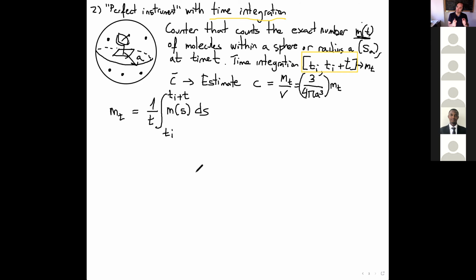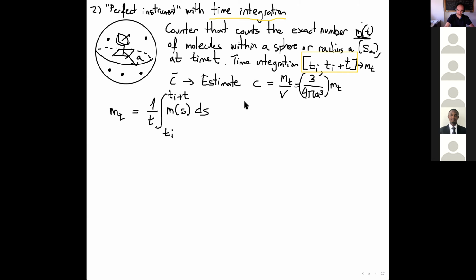So the device measures at time ti, then later it measures again, so it has a window where it is all the time measuring. It sums all the number of molecules in this window, and it divides by the time duration of the window. So this is like the average value of m in the window.